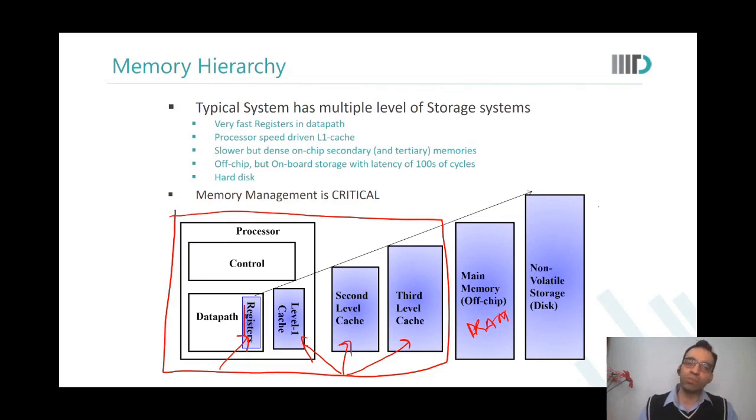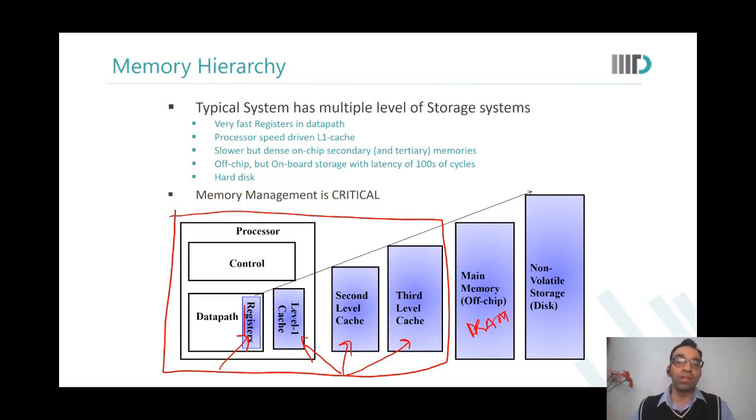As we move away from the processor, they also become slower. While register files operate at the datapath speed and are really, really fast, level 1 caches operate at processor speed. The second level caches may take multiple processor cycles. Third level cache may take still longer. And as you go to main memory, which is off chip, the access time increases multi-fold.